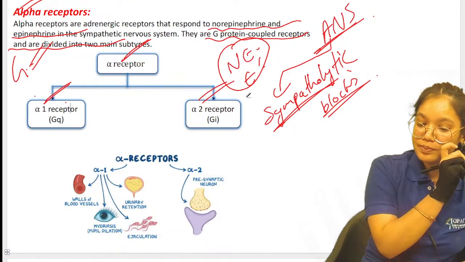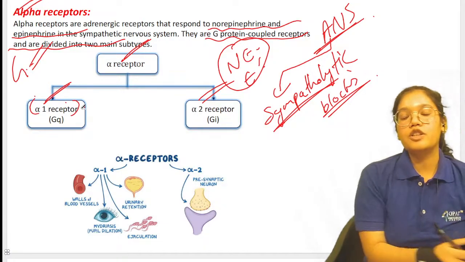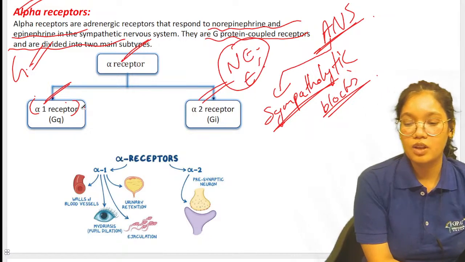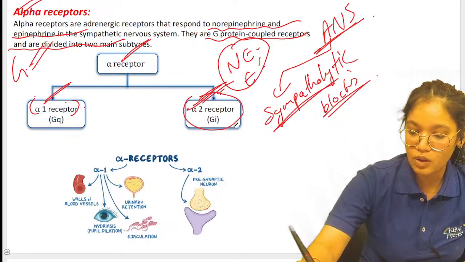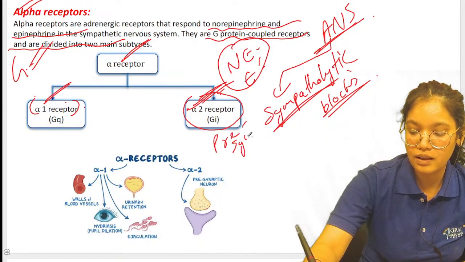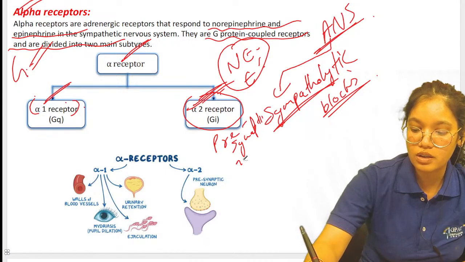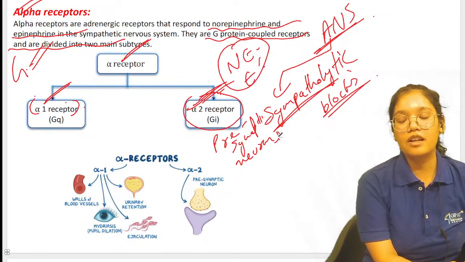First we will talk about the location of alpha 2. Alpha 2 is located at the presynaptic neurons.